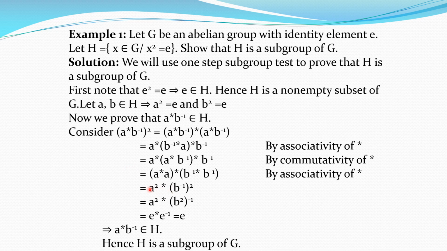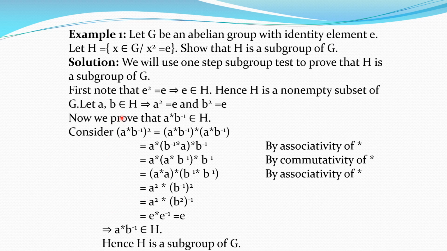Again using associativity, we get A star A star B inverse star B inverse. Now by definition of integral power, A star A is A raised to 2, and B inverse star B inverse is B inverse raised to 2, which is A squared star (B squared) raised to minus 1.